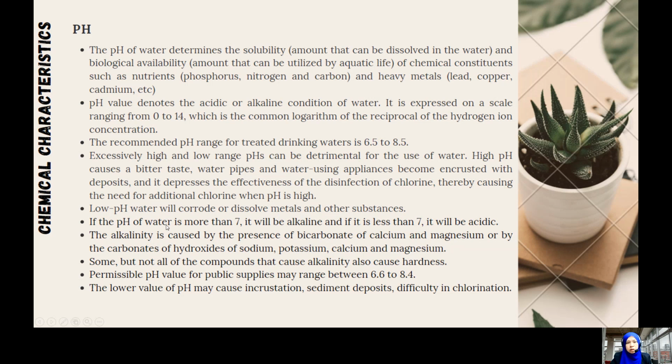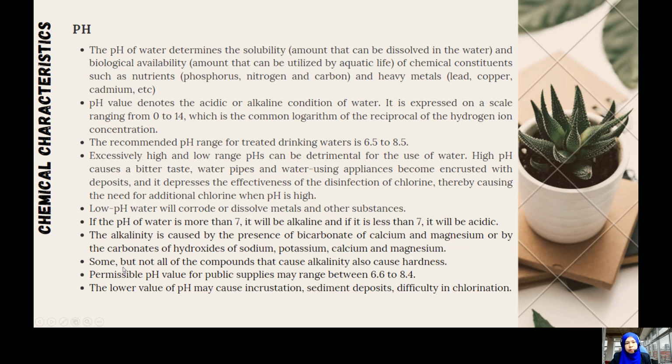If the pH of water is more than 7, it will be alkaline, and if the pH value is less than 7, the water will be acidic. The alkalinity of water is caused by the presence of bicarbonate of calcium and magnesium, or by the carbonate or hydroxide of sodium, potassium, calcium, and magnesium.